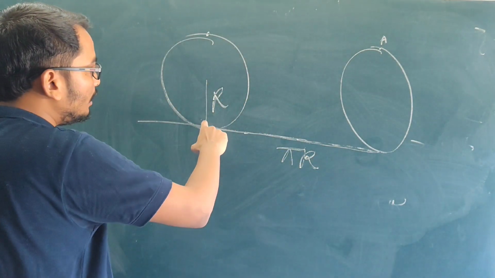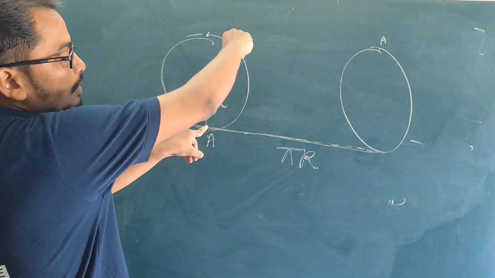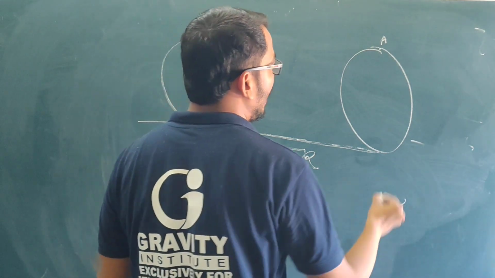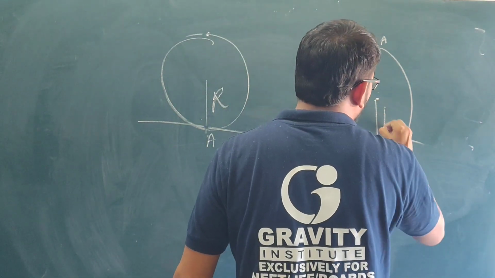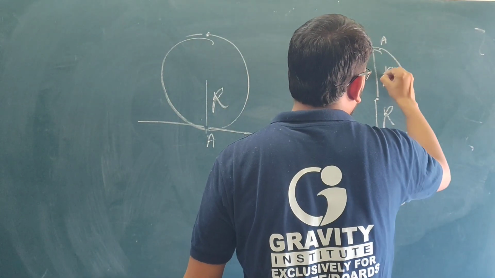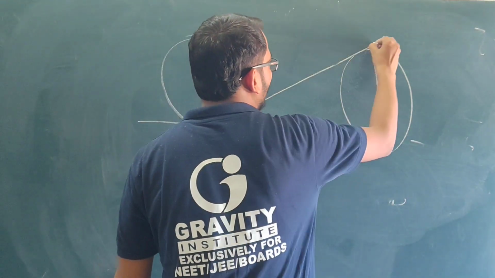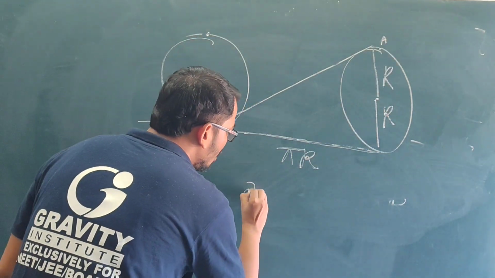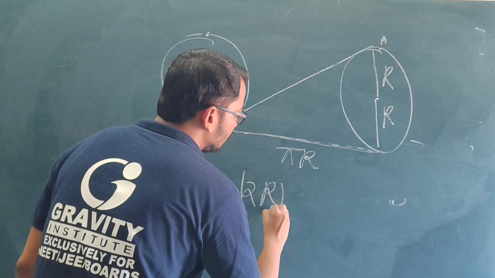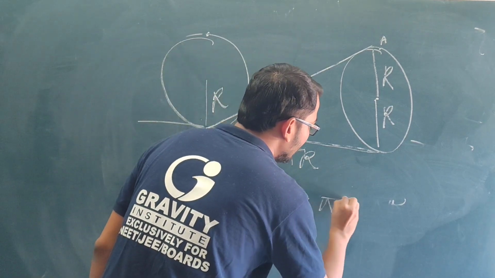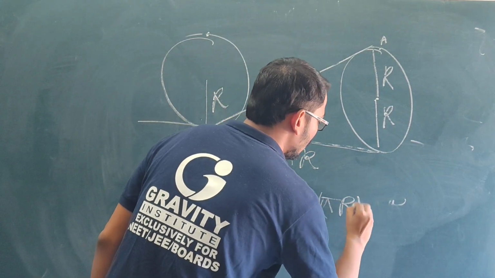Why? Because the particle is moving pi r. This distance is r and this distance is r. So the displacement of the particle will come out to be the square root of (2r) square plus (pi r) square. Why?